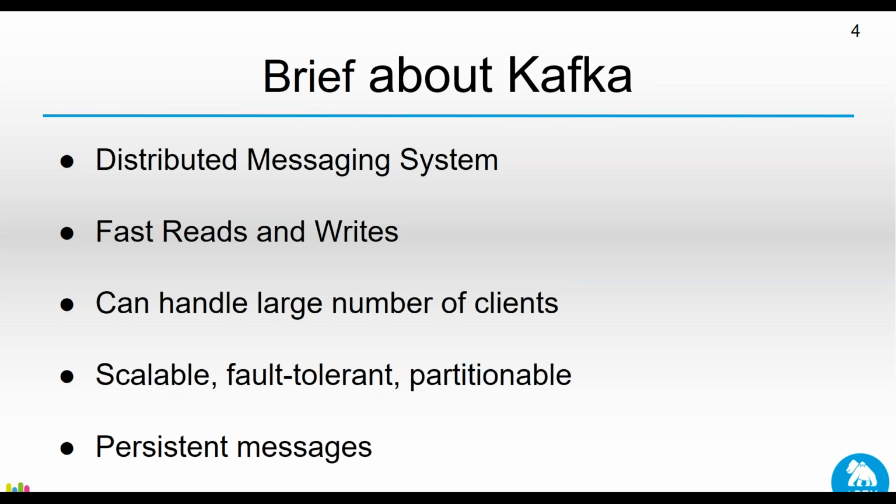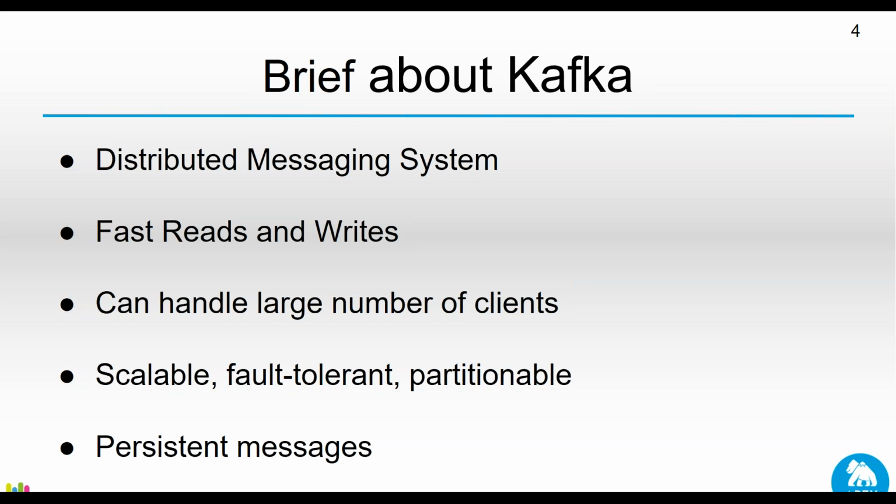It is known for its fast reads and writes, and it can handle a large number of clients. Kafka is a mechanism where people are publishing data, and on the consumer side, there are quite a few players, entities or applications which are subscribed to these topics, reading from them based on the partitions for their data.